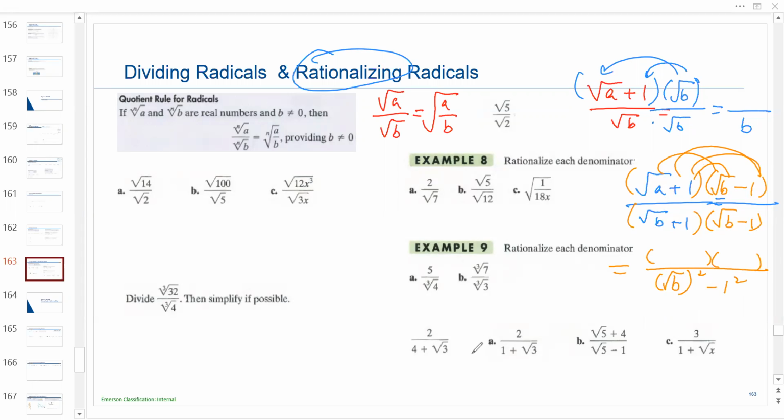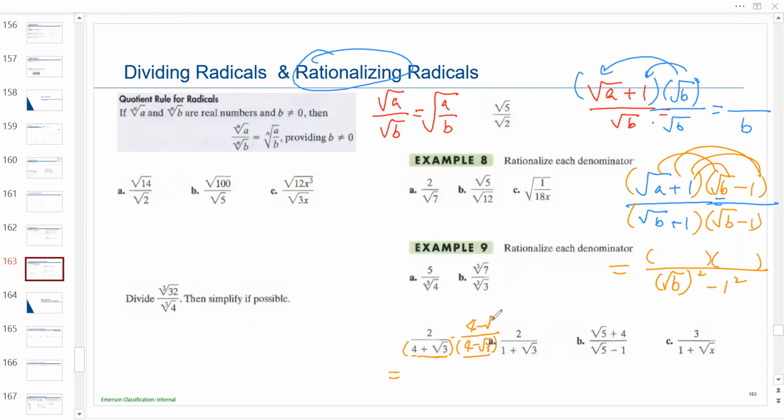Actually, we pay pretty much attention to these kinds of things. Let me give one quick example. Like this one, you have to use the 4 minus square root conjugate. This is the sum of two terms, this is the difference of two terms, right?